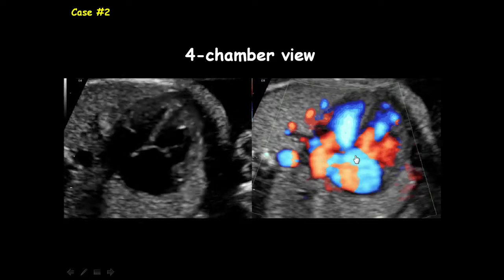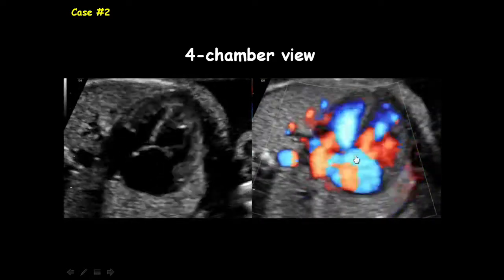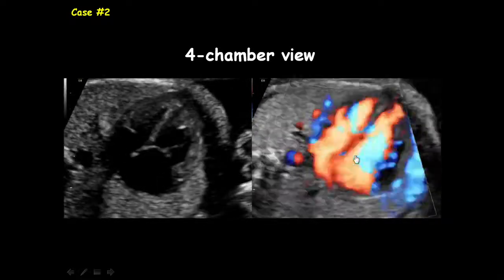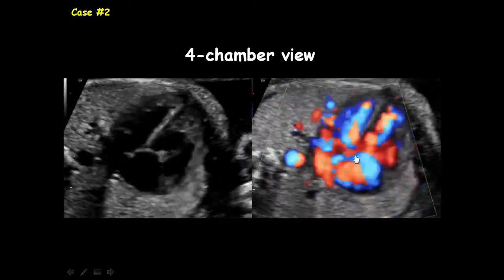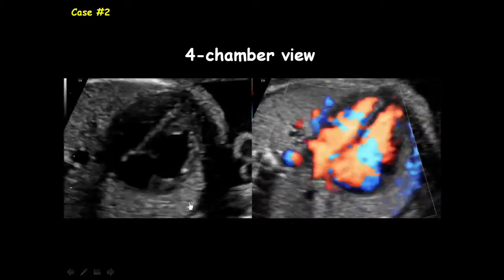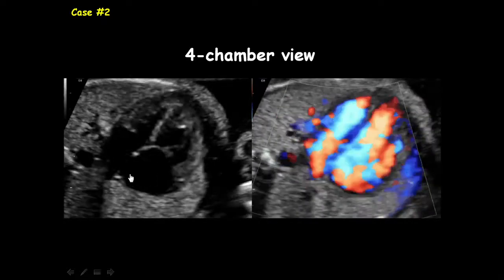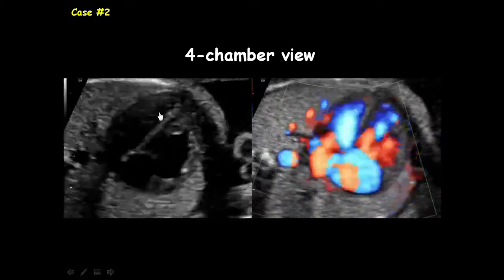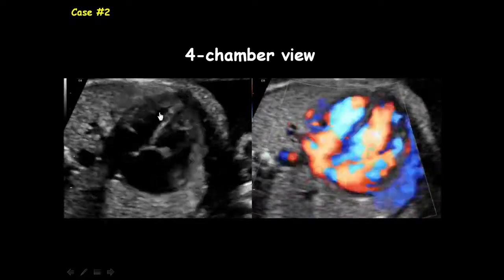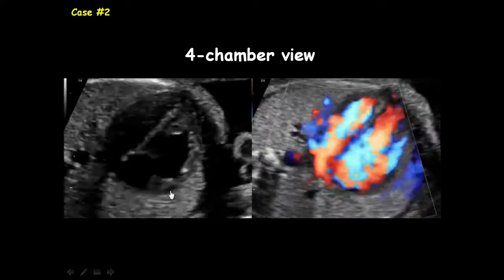So now we are moving to a different case that we had recently. The patient had a normal screening with us, and in the 3rd trimester was sent for a slight discrepancy between the chambers. If you look here, you may suspect that the left side is a little bit smaller, but in the 3rd trimester it's very typical that right heart dominance is present.